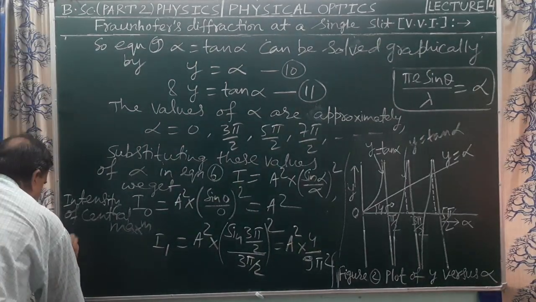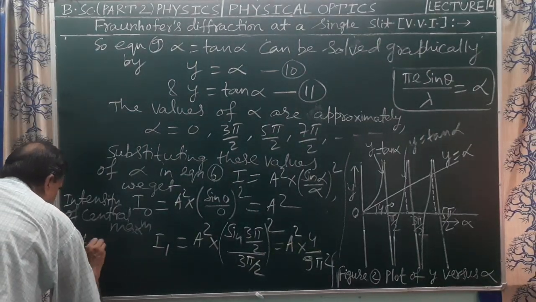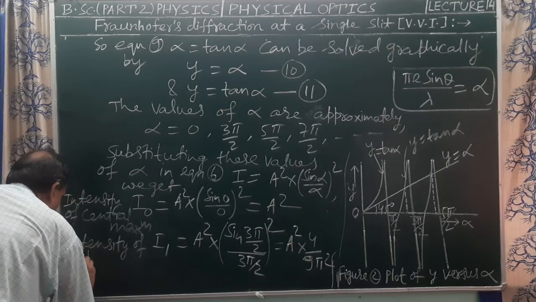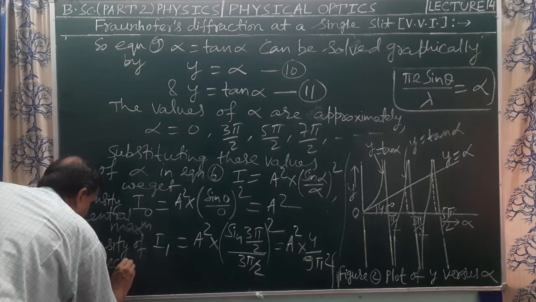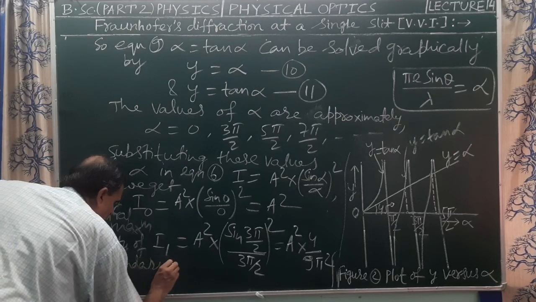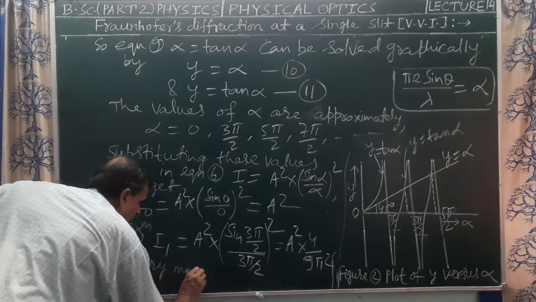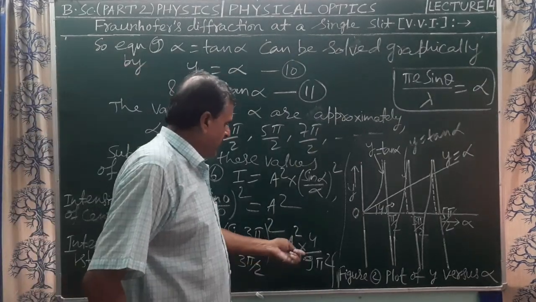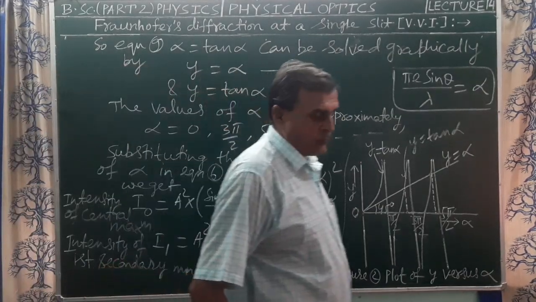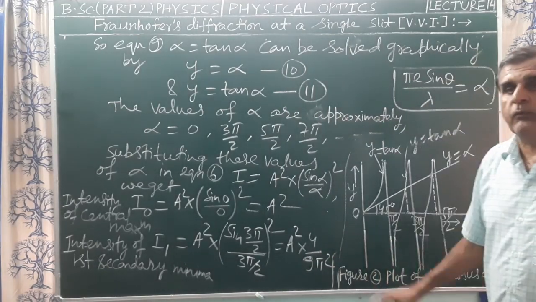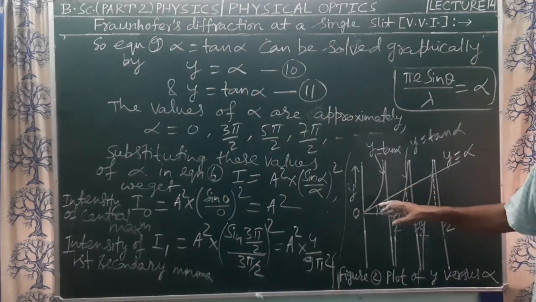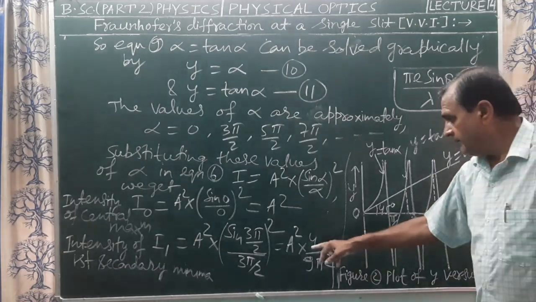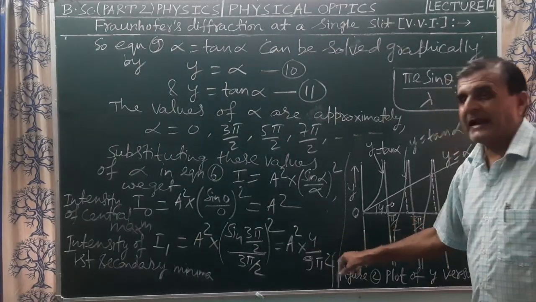I1 is the intensity of first subsidiary or secondary maxima, and it is A square multiplied by 4 upon 9 pi square.